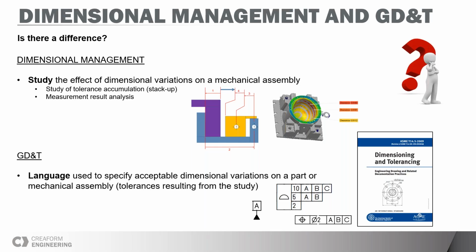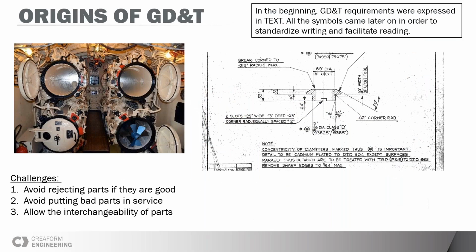To expose that, we'll take a very quick look into the origins of GD&T. It's hard to attribute the whole field of dimensional management to only one person. It was developed quite gradually by multiple persons, and it was during the war, so we might have lost some information.